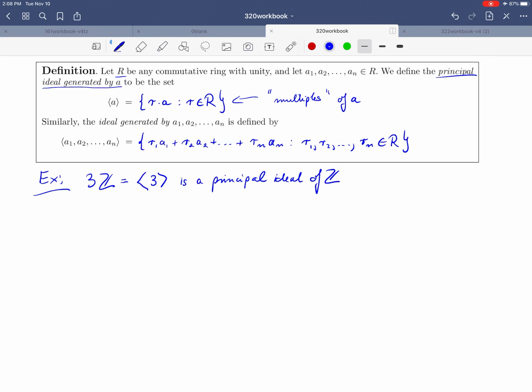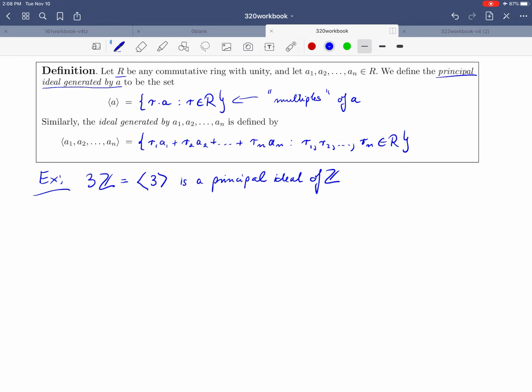So there's an example right there. You could just think of this set as we'll take any element in our ring Z, multiply it by 3. That gives you a multiple of 3. So 3 is all you need to generate this ideal.